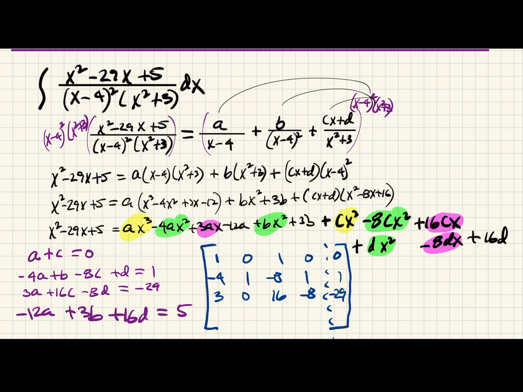And the fourth one says minus 12A plus 3B plus 0C plus 16D equals 5. So is everybody good with that matrix right there?